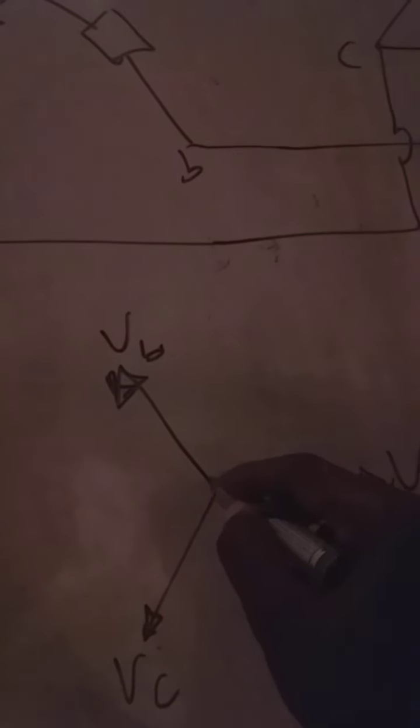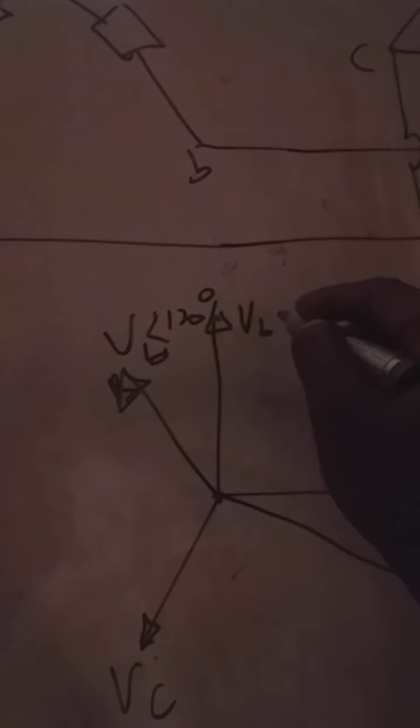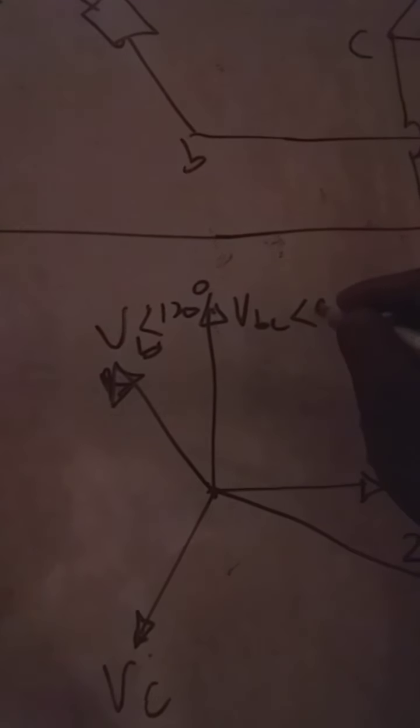This is at angle 120 degrees, so by 30 degrees, this will be VBC at angle 90 degrees, right? Then this is at angle minus 120 degrees, so our VCA will be at angle minus 150 degrees. That is our phasor diagram represented there.